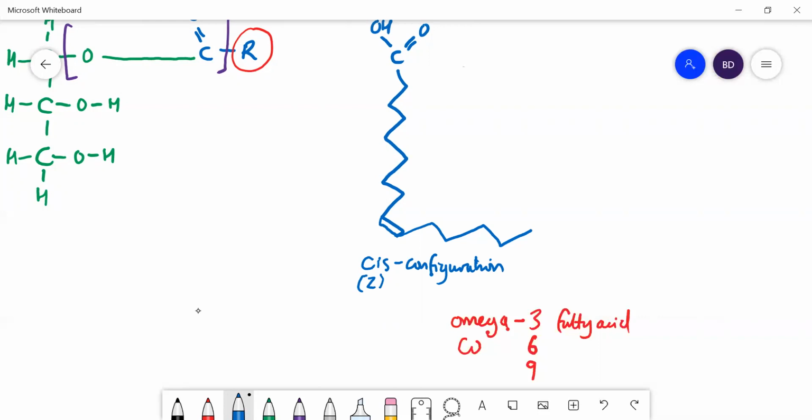You may have heard that cis fatty acids are good for you. Now, the opposite of a cis fatty acid is a trans fatty acid. In a trans fatty acid, you don't have the kink in the molecule; it's more straight. So if I drew it as trans, I'll draw it in red. The trans version would be like that. Trans versions don't exist naturally. They're sometimes introduced when foods are processed, and they are very bad for you.